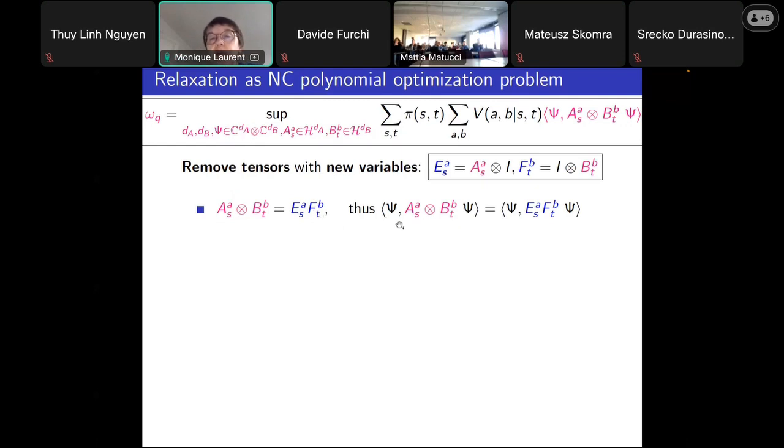But the objective value here is of the desired form in the non-commutative optimization problem: psi times a product of two variables, times psi.